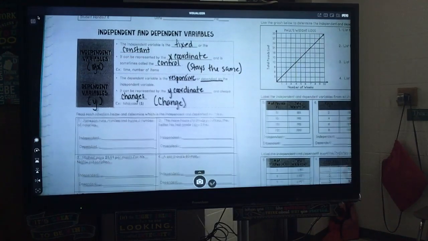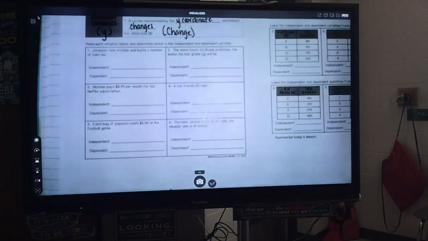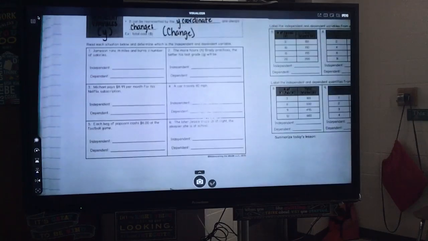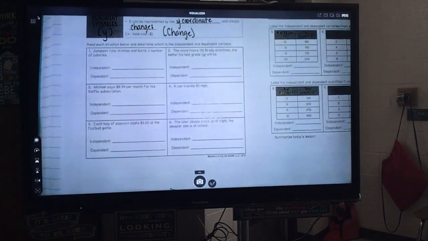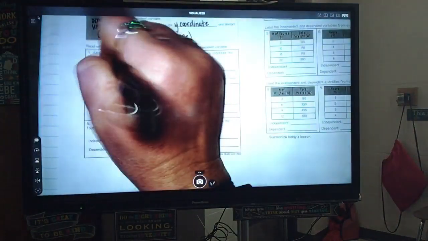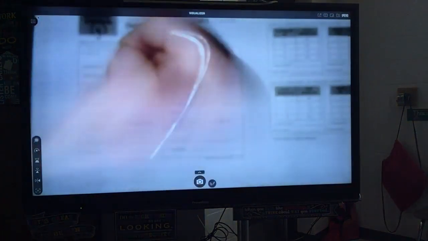Alright, now we're not solving anything yet, but we are learning to identify the independent and the dependent variable in the next couple of questions. Number one says, Jameson runs M miles and burns C number of calories. Which one is the independent? The number of miles he runs, and that determines what?